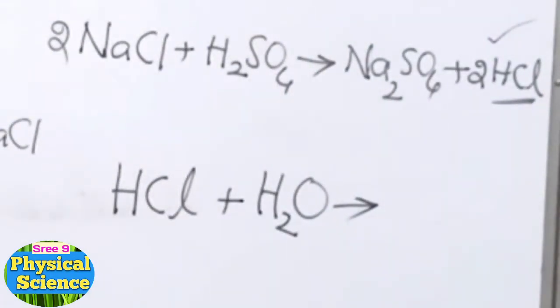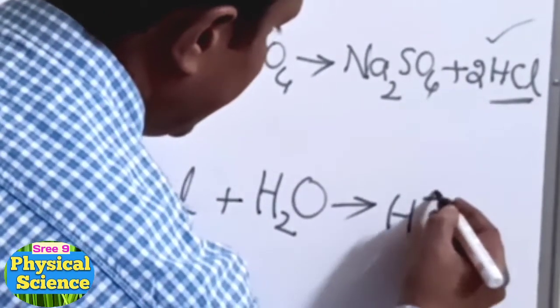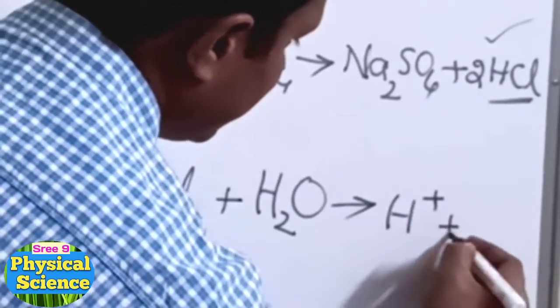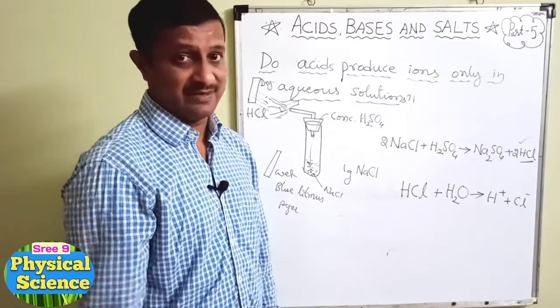The reason for the acidic behavior of hydrogen chloride gas with wet blue litmus paper is the formation of hydrogen ions in water or moisture. It produces H plus and Cl minus, so hydrogen ions are produced here.